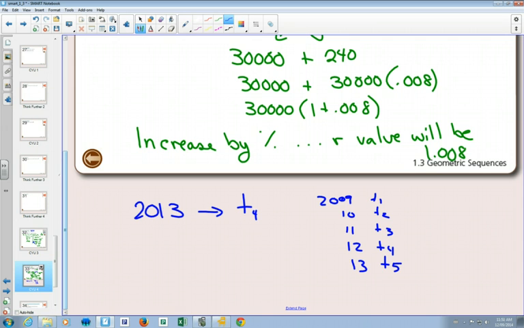How many of you did 13 minus 9 and got 4? That's probably how we got 4. Does that make sense? Why does it end up being term 5? Because we also count 2009. Okay?